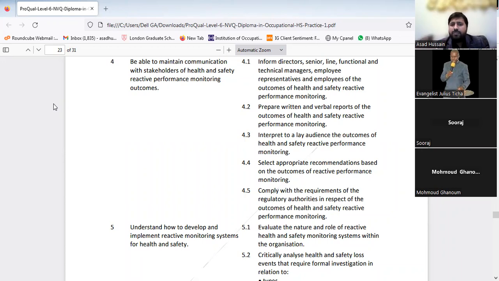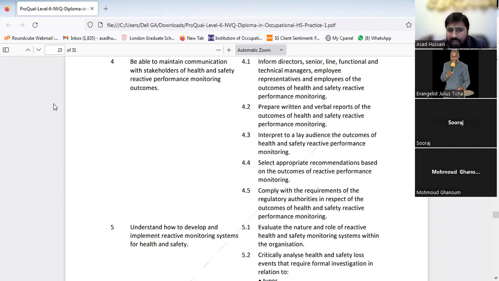What you have to do is explain what type of regulatory requirements there are in your area and for your organization, and how you are reporting them. Like in the UK, with RIDDOR reporting, you have accident reporting, and processes and procedures for that.